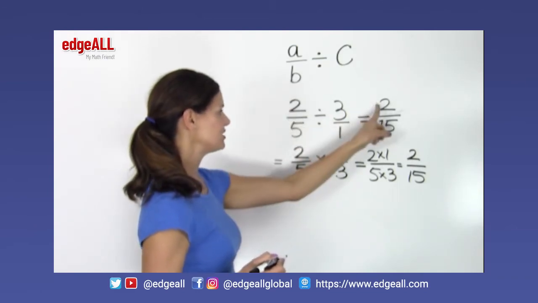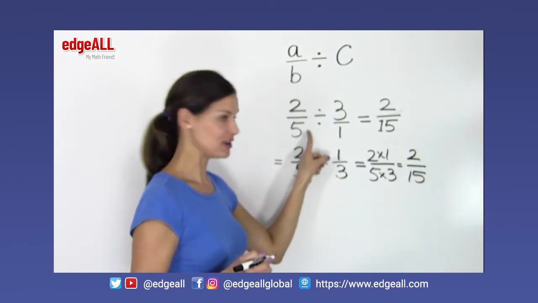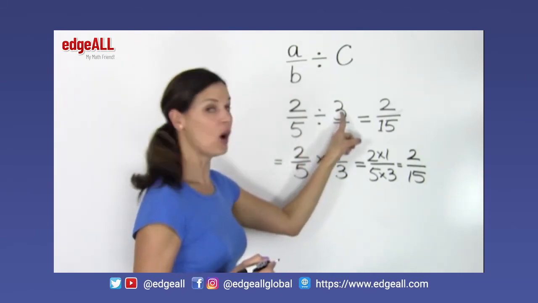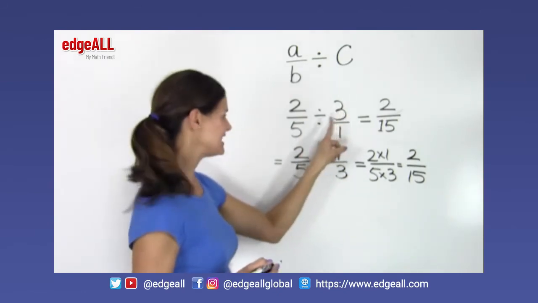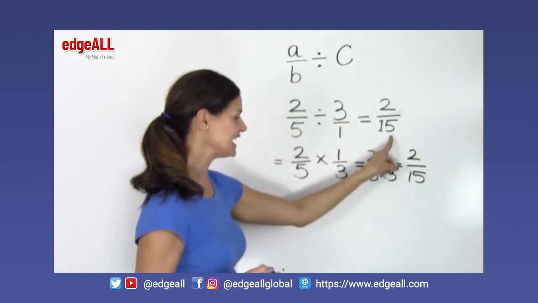So my numerator stayed the same, and I ended up multiplying my denominator here by this whole number 3. I ended up multiplying 5 times 3, which is 15.